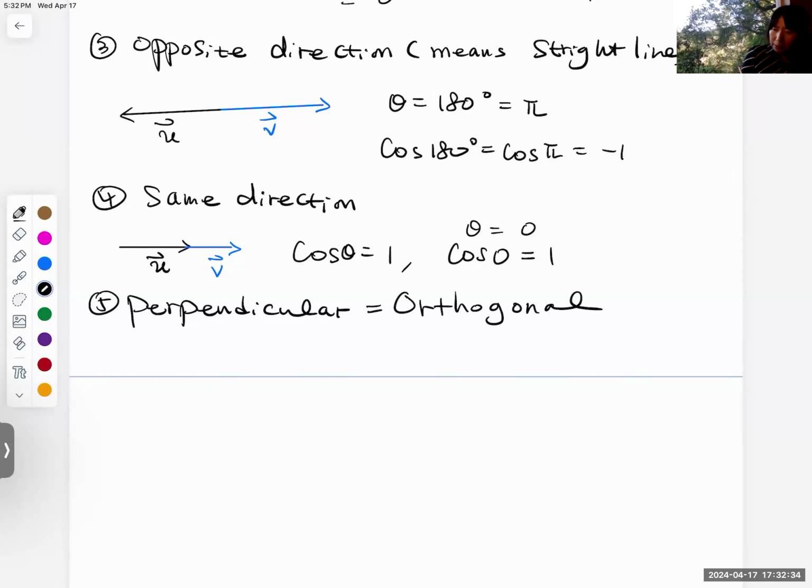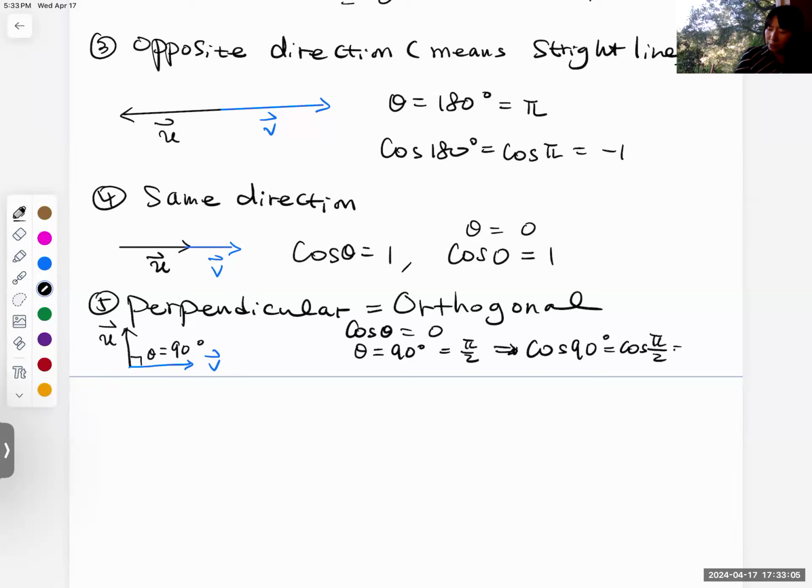That means we have a vector u and a perpendicular vector v. That means 90 degrees, right? So cosine theta equals 0. Then theta must be 90 degrees, which is pi over 2. So cosine pi over 2 is 0, right? Okay.